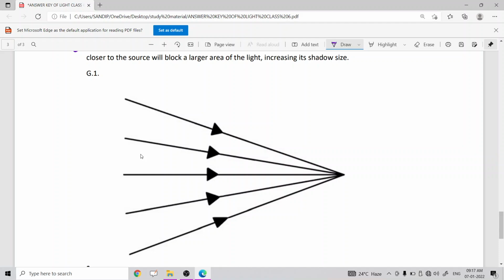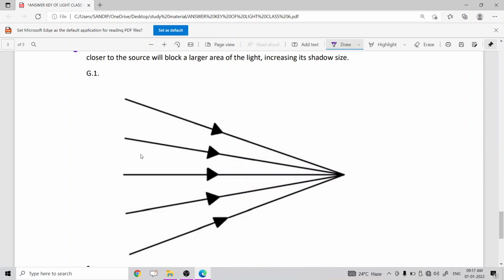In your textbook, the first one is total solar eclipse and the second one is partial solar eclipse. So you have to write down these two. An annular solar eclipse is a special type of solar eclipse, so you just have to write down the types, meaning total and partial solar eclipses.